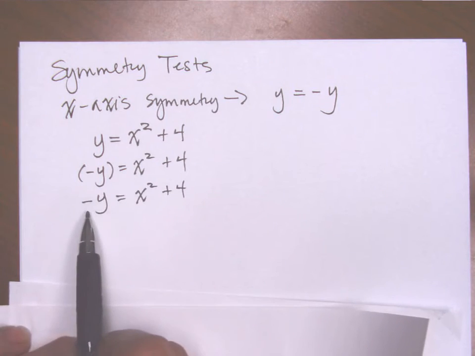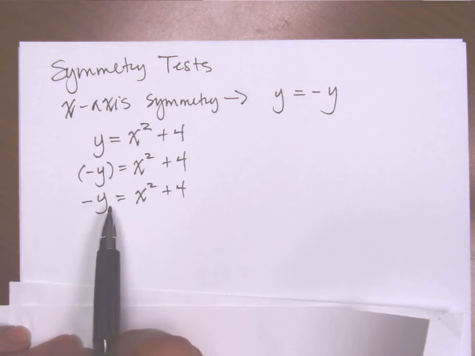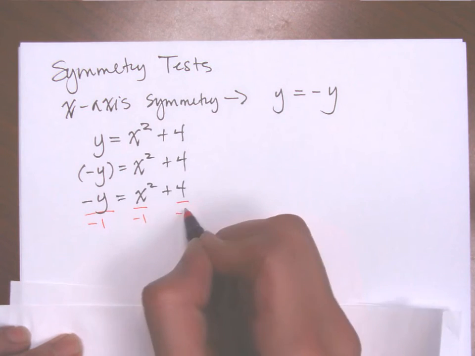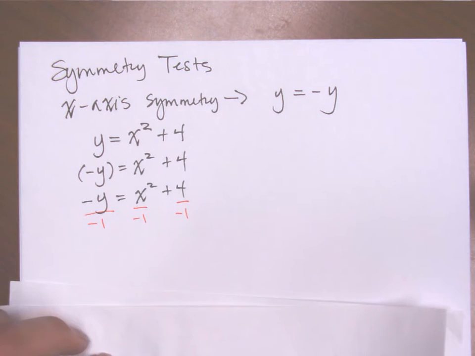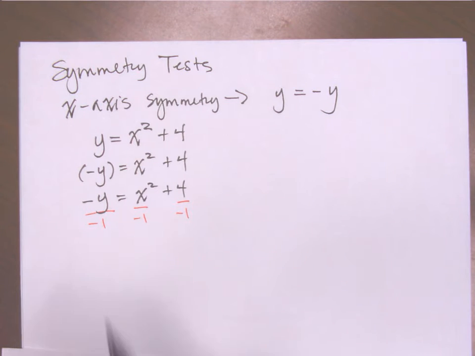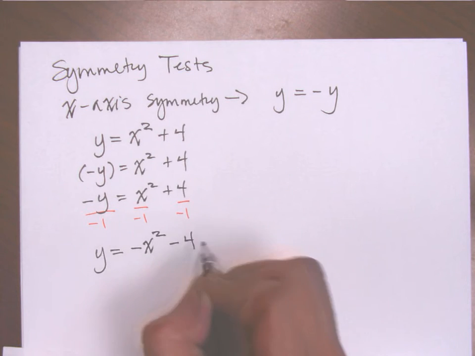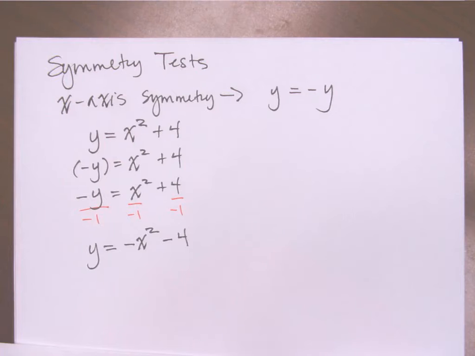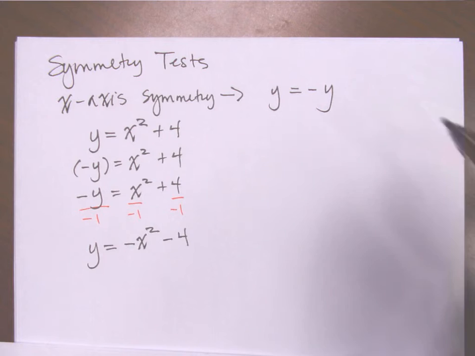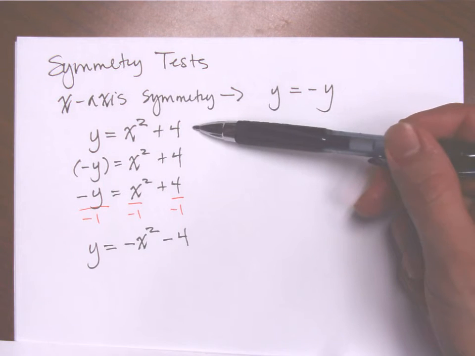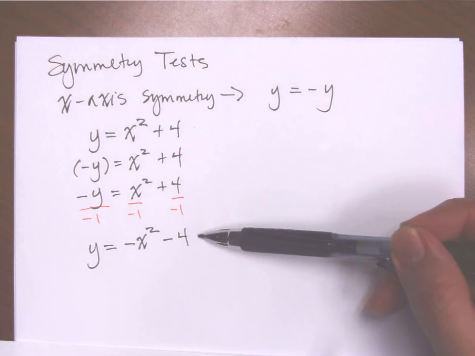This is not fully simplified though, because I have something in front of y. So to get rid of that, I'm going to divide everything by negative 1. And I can do that because I have my equal sign. All it does is change all of my signs over. So now I have y equals negative x squared minus 4. Now, remember, I'm not solving for anything else. I want to plug in my negative y and then just simplify everything as much as I can. Looking back at my equations, I have y equals x squared plus 4 and y equals negative x squared minus 4.